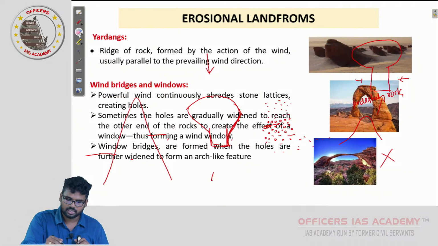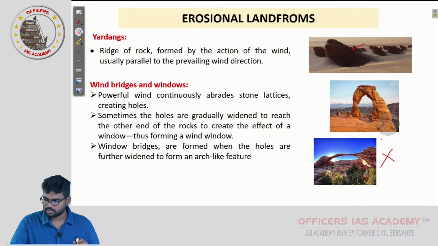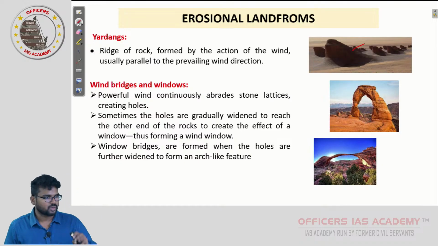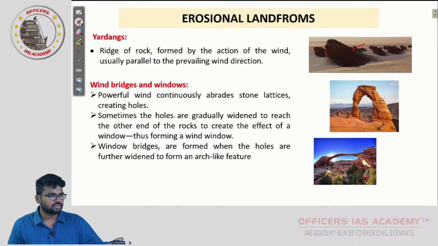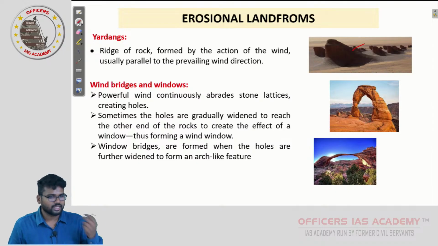Then apart from that there are a few more erosional features. One of them is yardangs. Generally it is seen in the coastal areas, it is seen in the arid locations which are adjacent to the normal locations. There wind, due to differential pressure, is going to blow at a high velocity.